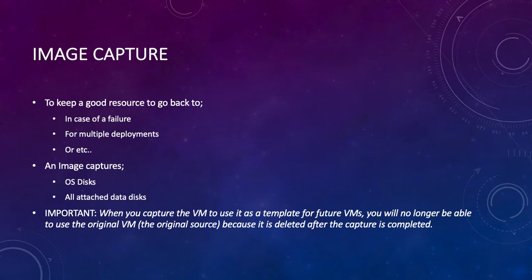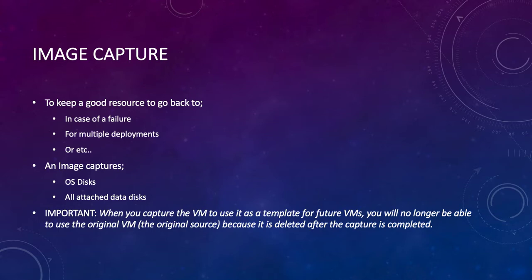For classic VMs, you will find the template image available for use in your virtual machine gallery in the Azure Classic portal. As of recording this video, there is no view available in the Azure portal for viewing images related to the Resource Manager VMs.